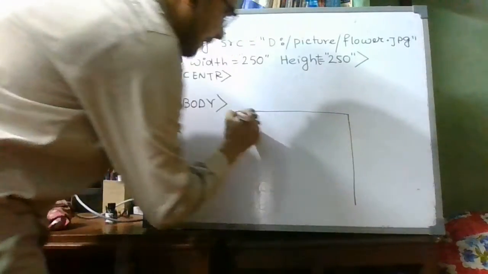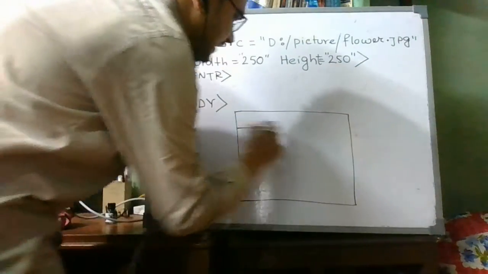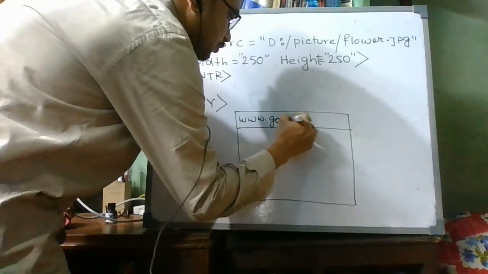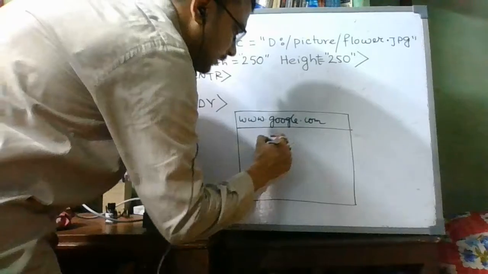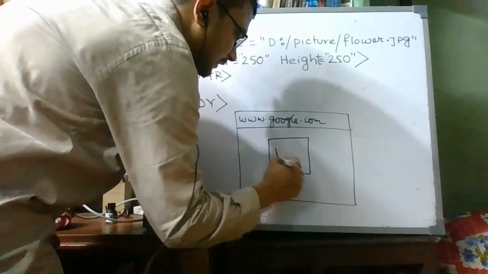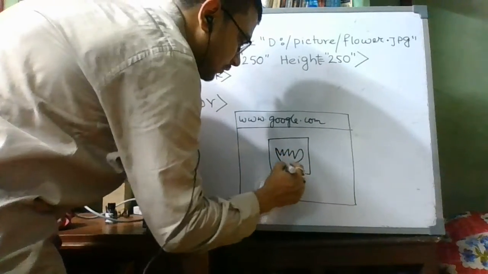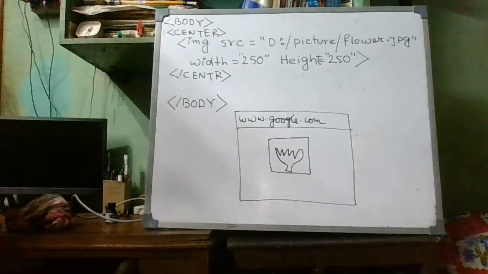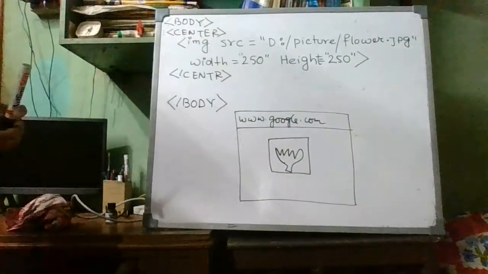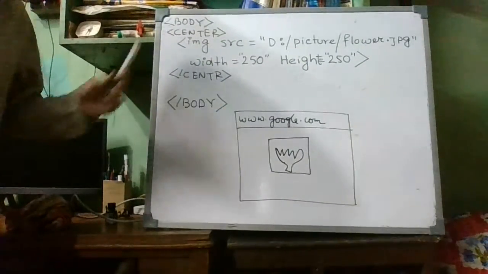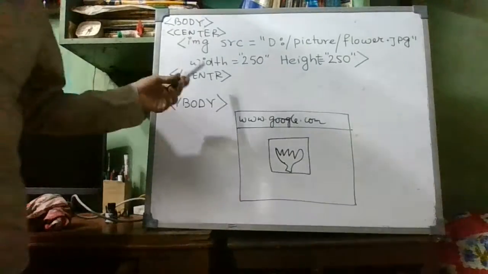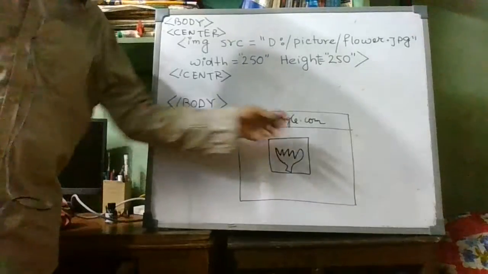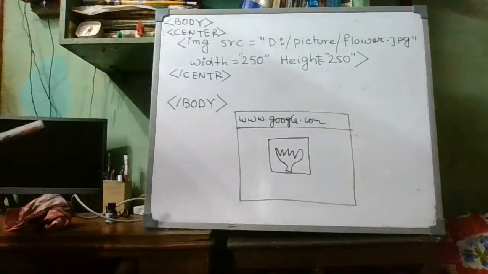So now what will be happening? If this is the web page and this is the name of the website to which the web page belongs, www.google.com, you will see that at the middle of the web page your image is displaying. So this is the image tag, and this is the way we can use the image tag, and we can display an image at the left, right and middle of the web page.